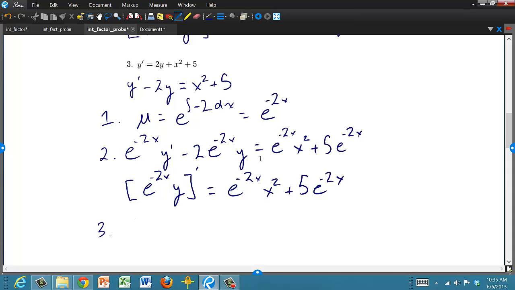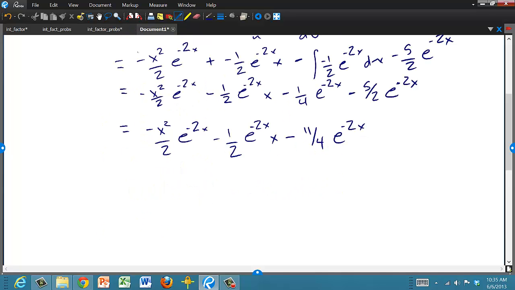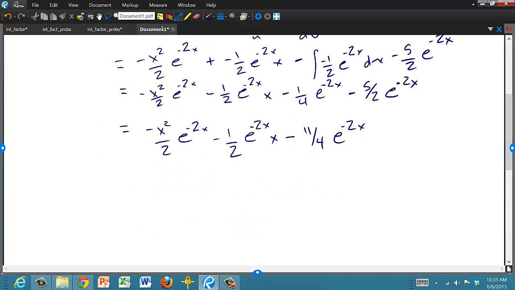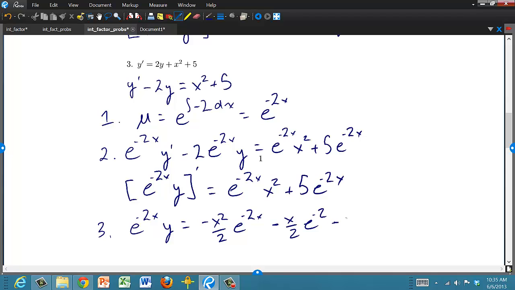If I integrate everything, I'll get e to the minus 2x y should be equal to, on the right hand side, negative x squared over 2 e to the minus 2x, and the next term is negative x over 2 e to the minus 2x, and you'll have a minus 11 over 4 e to the minus 2x, and you'll still have the constant of integration.